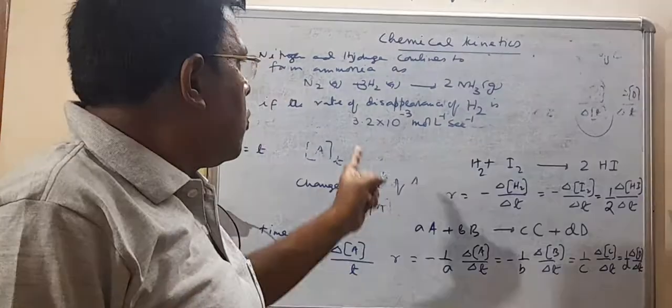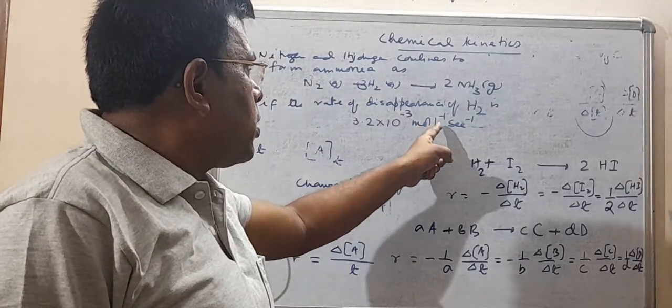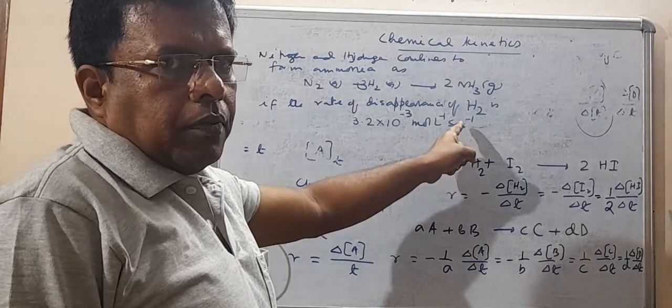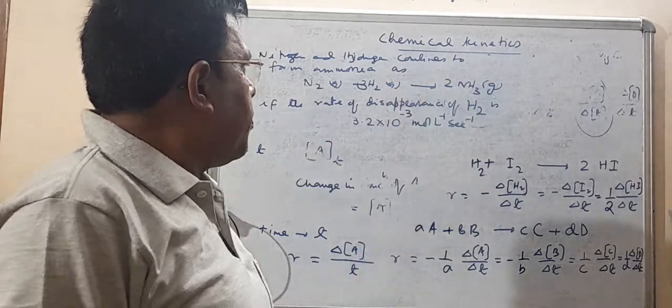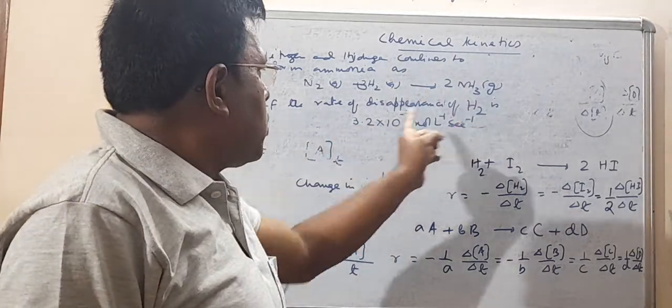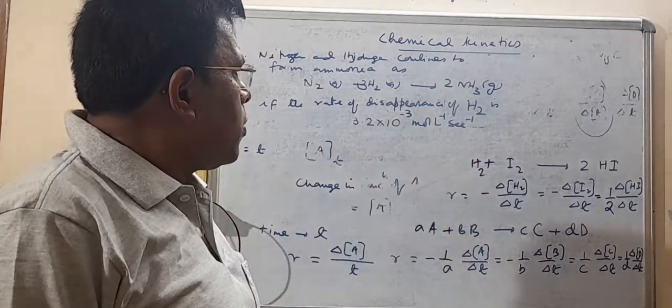The rate of reaction will have a unit like this, moles per liter per second. Moles per liter is concentration, by time. The rate of disappearance of hydrogen is this much moles per liter per second.